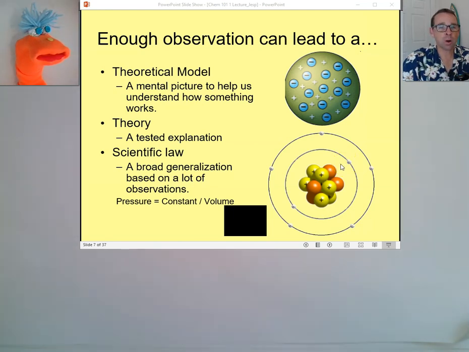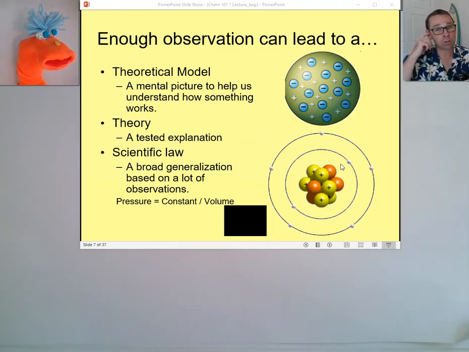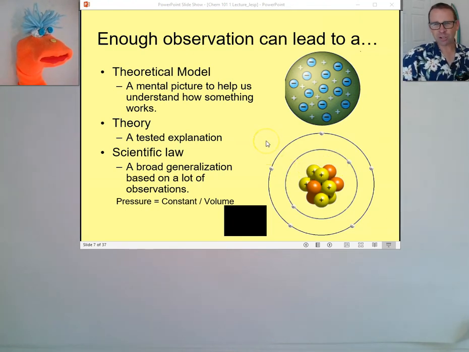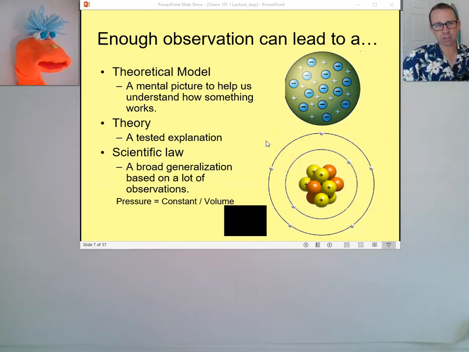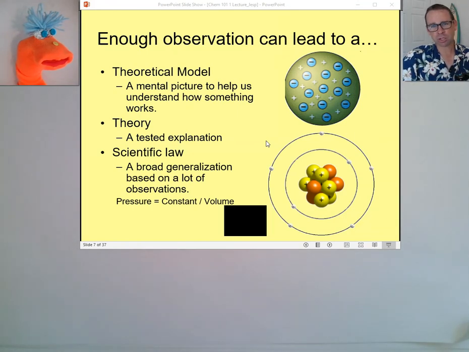That's what we are attempting to do here: understand nature so that we can appreciate it, but also do the kinds of things that will improve lives around us. So we want to understand what a model is. We never want to feel like the model is the truth, because it's not the truth. It's simply a model to help us understand what's going on.